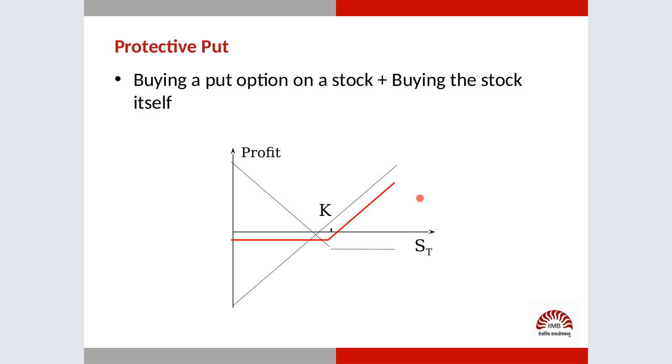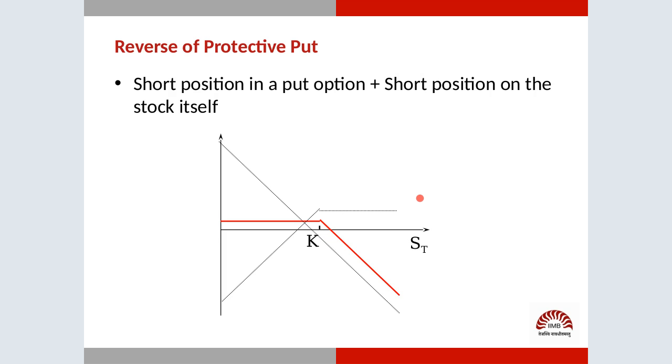And what does it result in? It results in a long call. The net position results in a long call position, as you can see. The red line is nothing but the payoff from a long call. So valuing it becomes easier because you can simply value a long call, and that will take care of the problem.